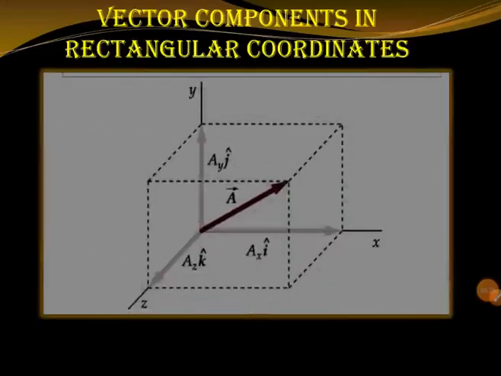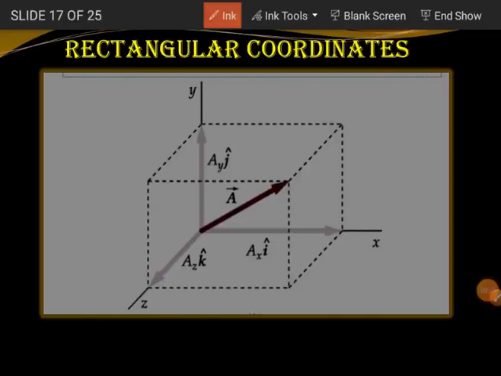Now let's see the vector components in rectangular coordinates. For example, if A represents a vector like this, we can construct a cuboid whose body diagonal is represented by this given vector.